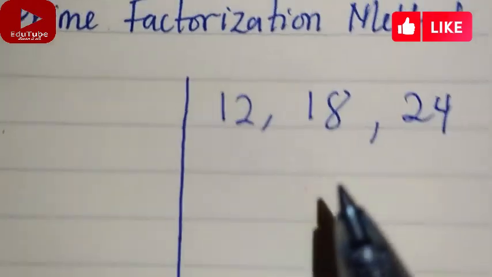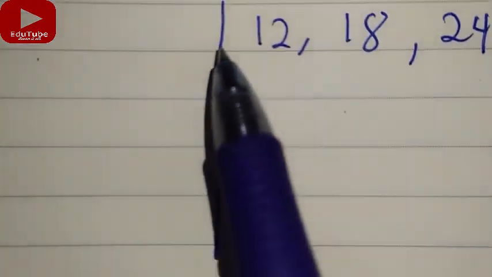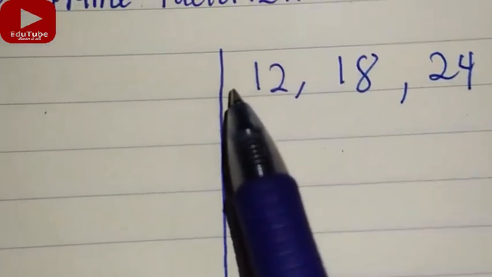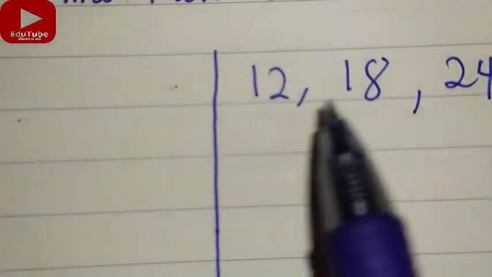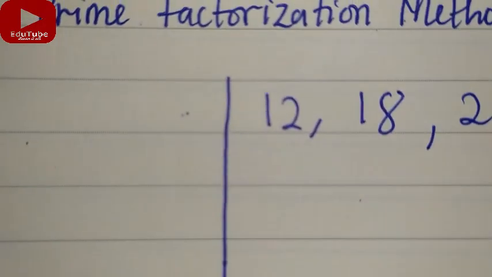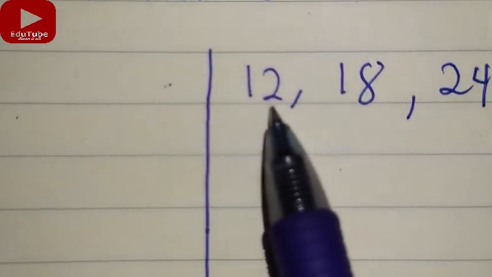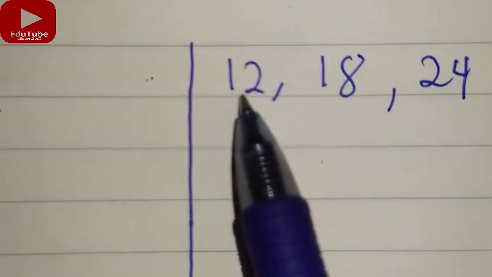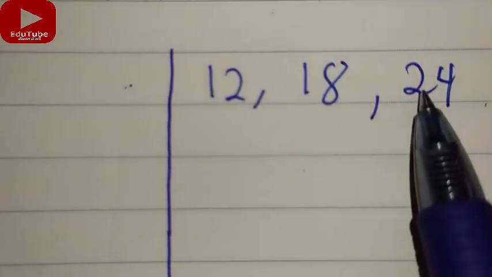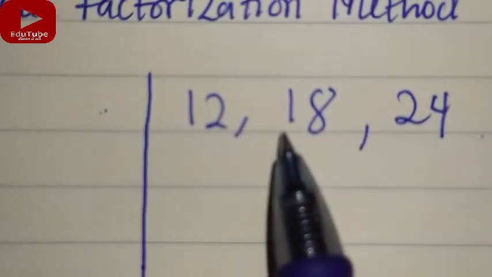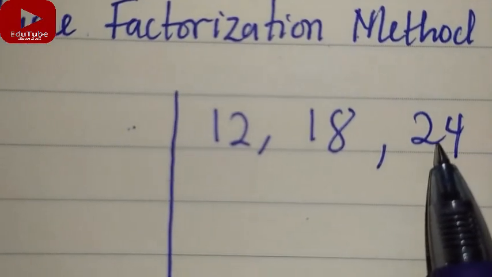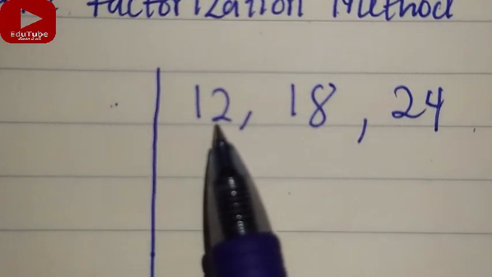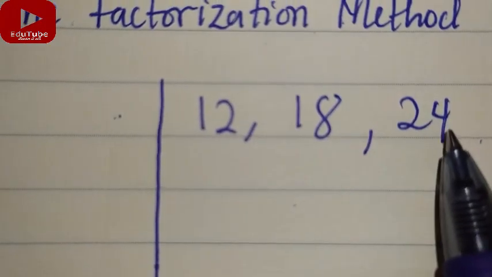Now, because this is an HCF, highest common factor, we have to think of a common prime factor that can divide the three numbers all at the same time, because it's a prime factorization. So we must think of a prime number that can divide the three numbers all at the same time, with emphasis on all at the same time, unlike the LCM. So the factors must be able to divide the three numbers all at the same time.